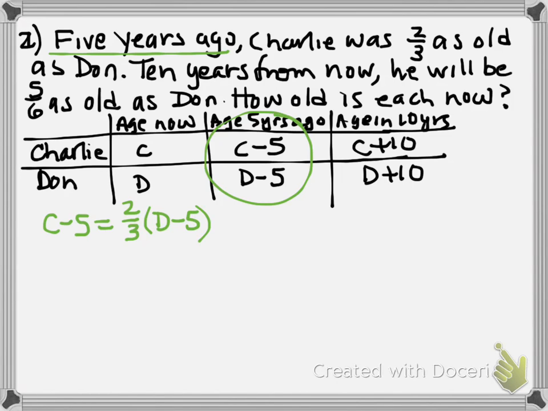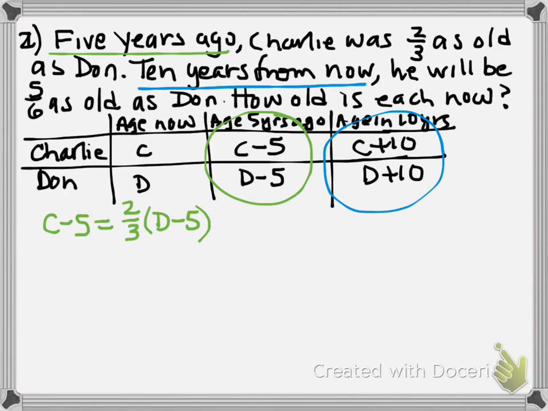Okay? Second equation. 10 years from now, he will be 5/6 as old as Don. So again, they didn't say anything different about Don's age. So we're going to assume they're talking about both of them being in 10 years. So how do I write that equation? 10 years from now, he will be 5/6 as old as Don. So what do I write first?